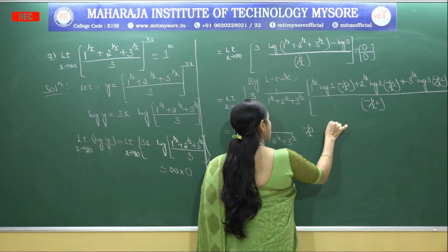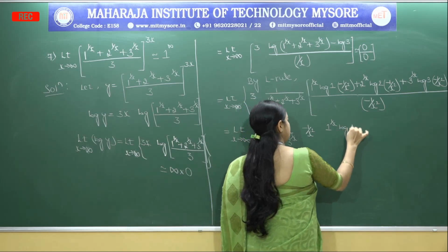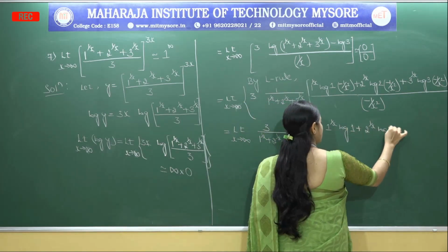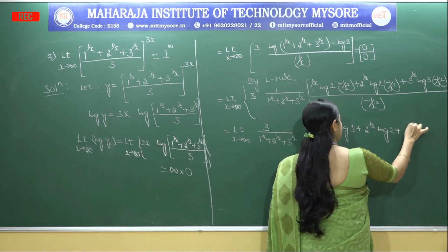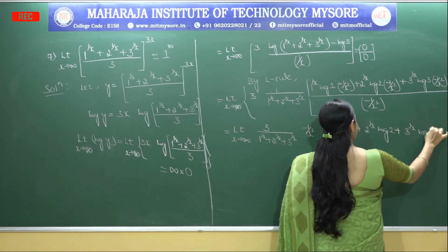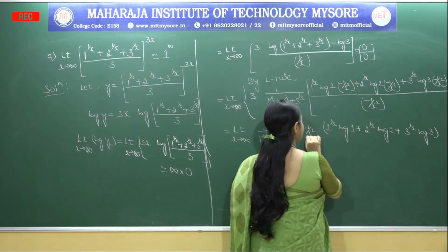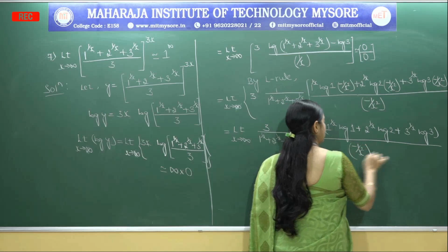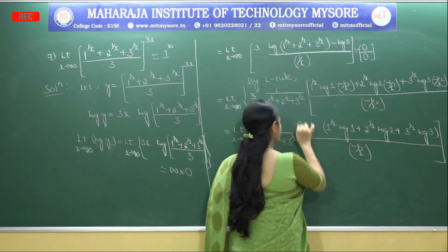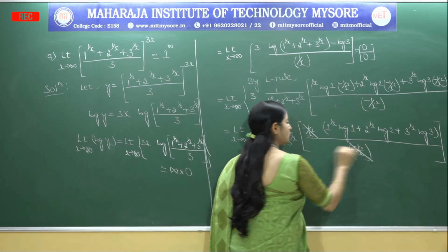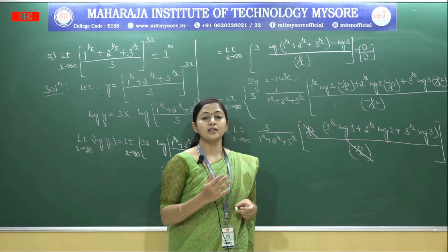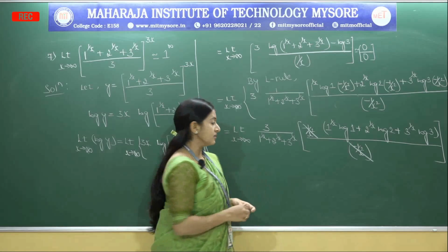First term 1 power 1 by x into log 1, second term 2 power 1 by x into log 2, third one 3 power 1 by x into log 3. In the denominator you have minus 1 by x square. So cancel these two, then apply the limit as x tends to infinity, and you will get the answer.